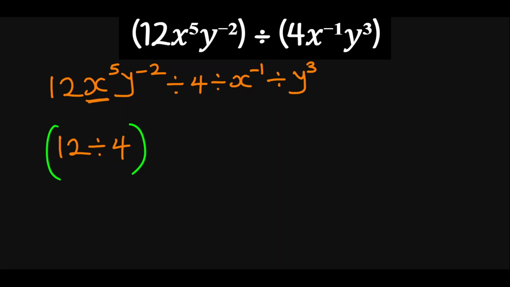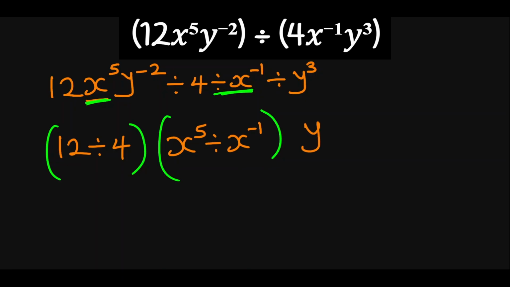Then for the x, we have x raised to power 5 divided by x raised to power minus 1, which is this and this we've taken. Then the y is left, y raised to the power of minus 2 divided by y raised to the power of 3, which is this and this we've taken.